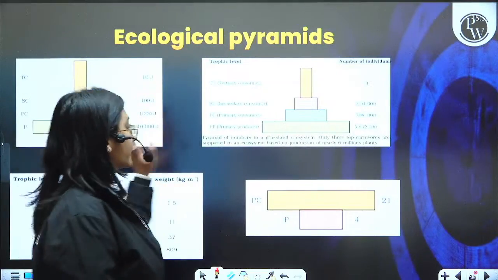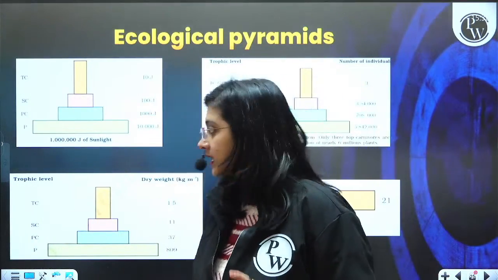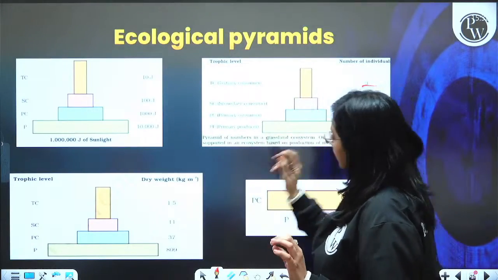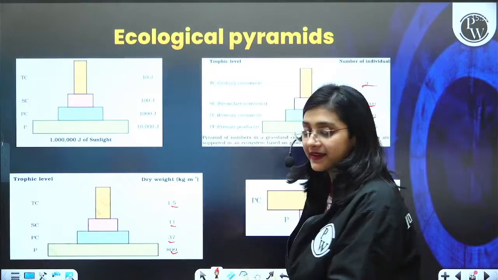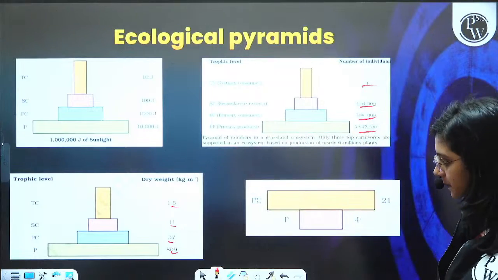All 4 pyramids given in NCERT are important. You need not study the numbers, but you should know at least what type of pyramid we get to see. Is it inverted or upright?